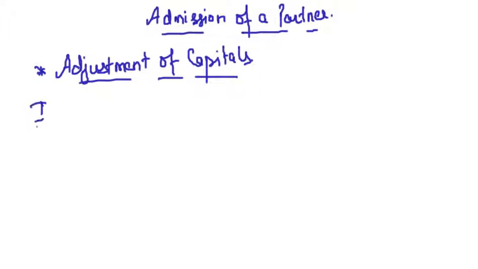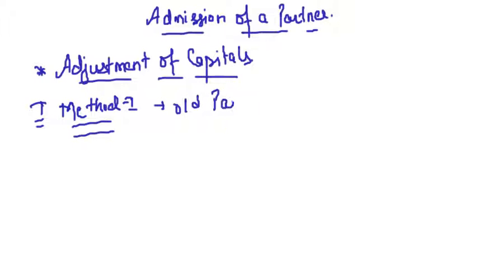So in that, first of all we did method 1. Method 1 was that old partners will adjust capitals according to the capital brought in by the new partner. Right? So we discussed this method in detail.